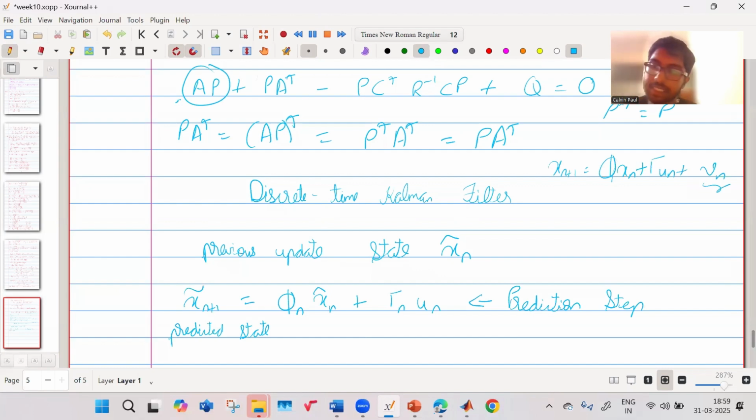This is stochastic, it depends on noise, but this is the deterministic part. So we are using this deterministic part to predict the next state. What we're doing is using what we know for sure, or what we feel is quite accurate, to find the predicted state.